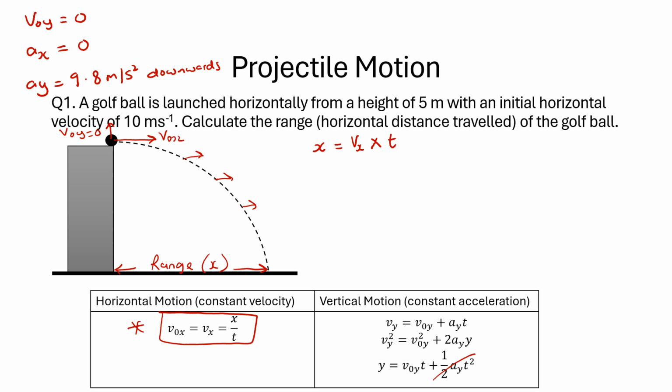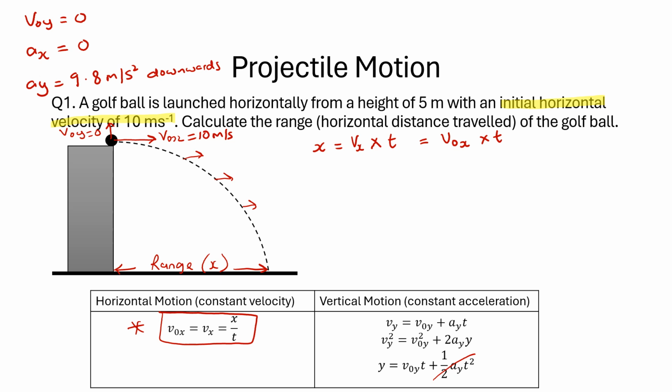The initial horizontal velocity is 10 meters per second. So I know V naught x, which is Vx, so Vx times t is the same as V naught x times the time. I know the value of V naught x, the initial horizontal velocity, but do we know the time taken? We don't know the time taken.